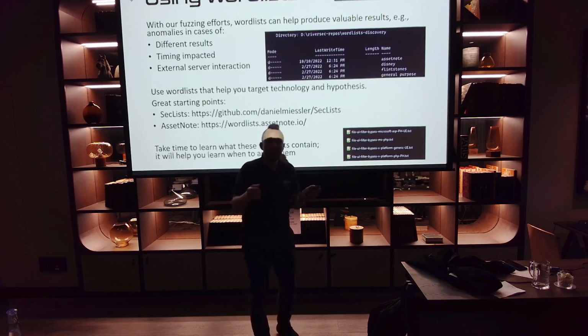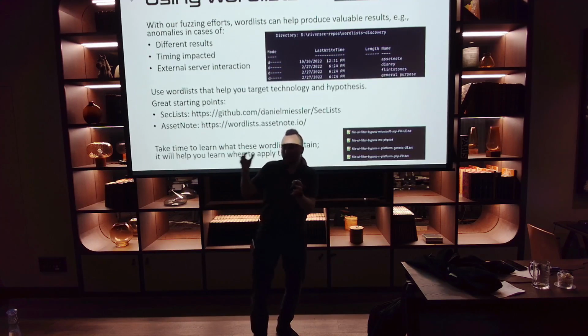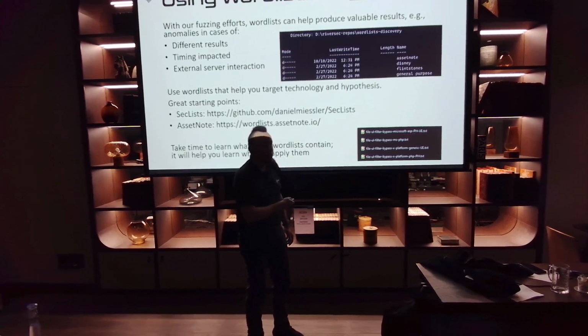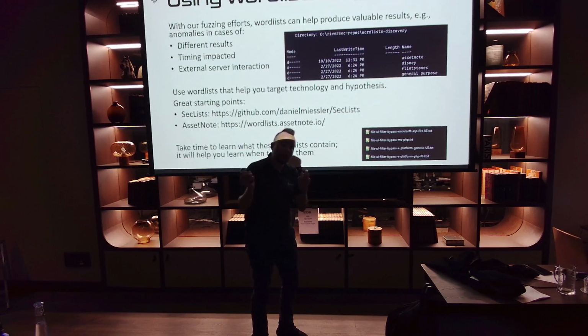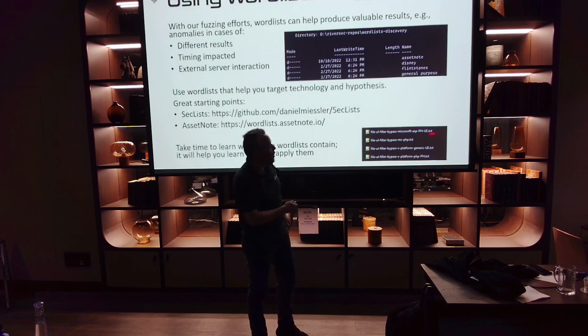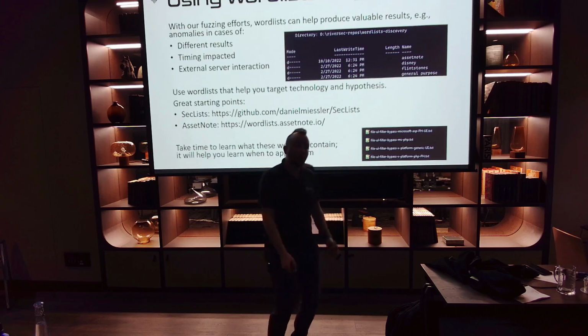Maybe the word list needs a domain, like an external server interaction type of domain. Maybe it needs some kind of IP address or something. That is indicated with the PH argument so that you can open up the word list before you use it and make sure that you replace the placeholder with actual values that will make the word list work. And then we have the keyword UE, which indicates if the word list is already URL encoded or not.